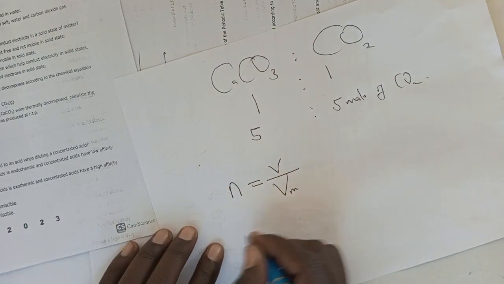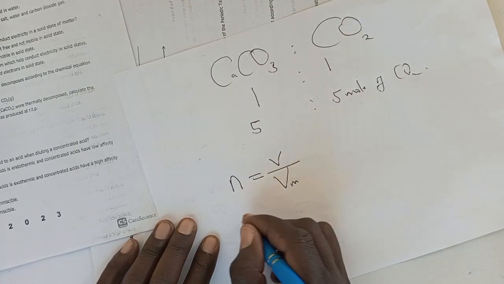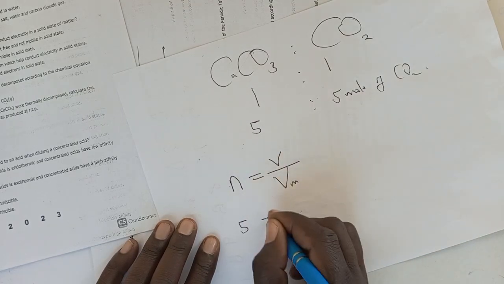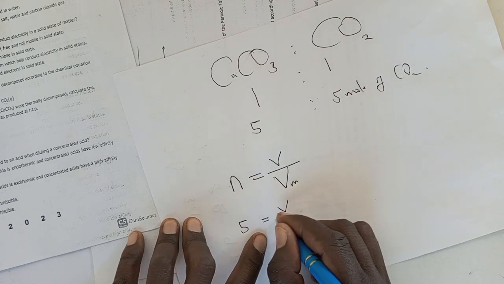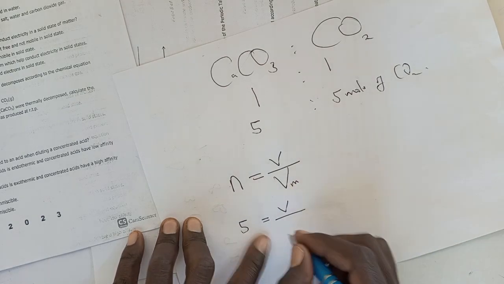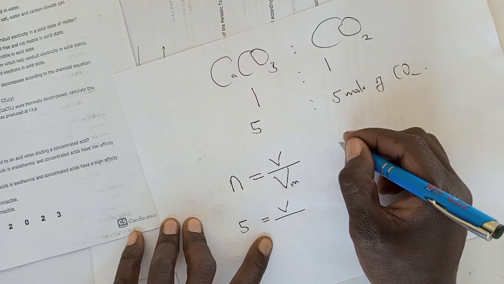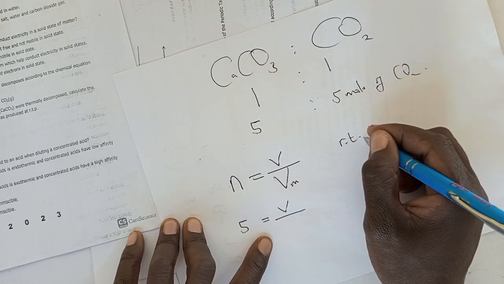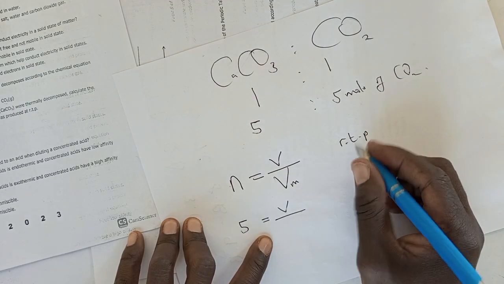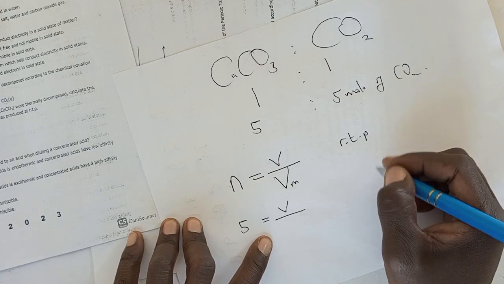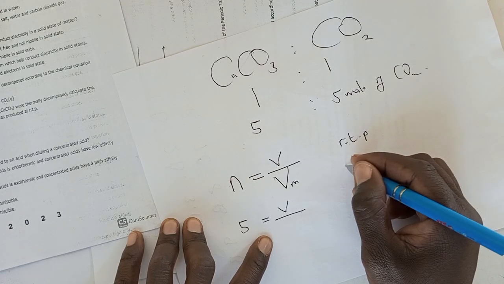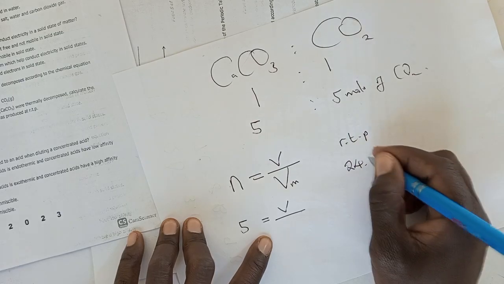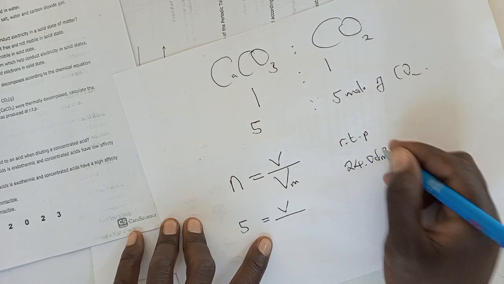So, what is the number of moles in this case of carbon dioxide? 5. 5 moles is equal to the volume, which is the one we're looking for, divided by the molar volume. We've been told that it's room temperature and pressure. You should always know that at room temperature and pressure, 1 mole of a gas occupies a volume of 24.0 cubic decimeters.